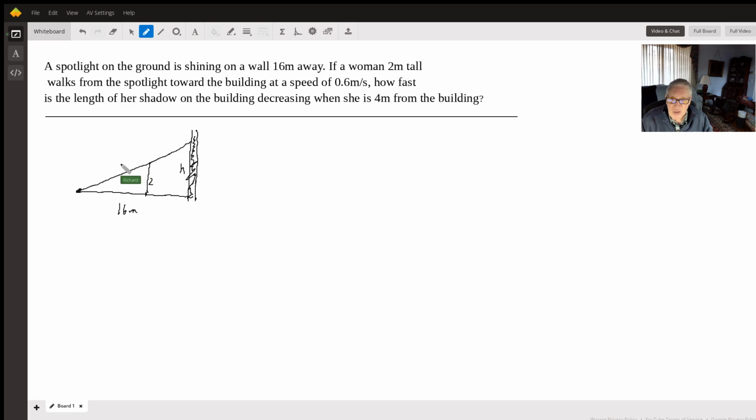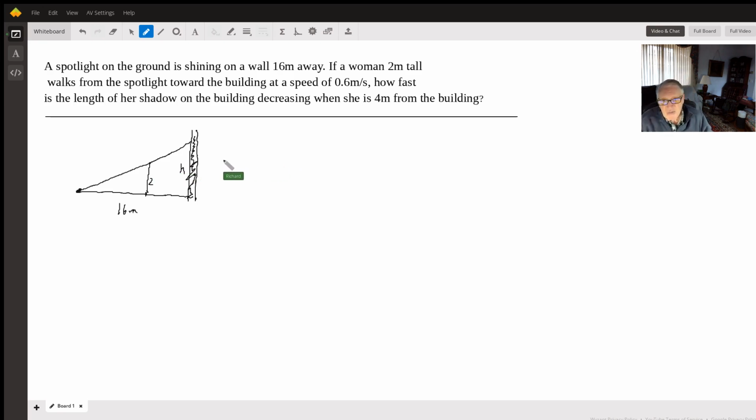If the woman is closer to the spotlight, the shadow will be bigger because her head would be here, and the shadow is going to be much higher. As she walks away from the spotlight, the shadow is going to become shorter and shorter. I think that's pretty clear from the diagram.